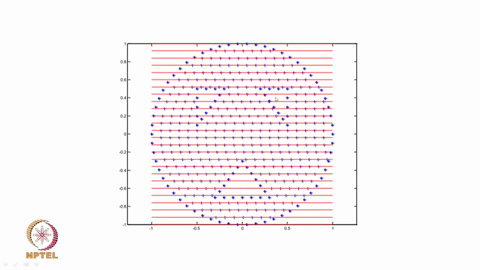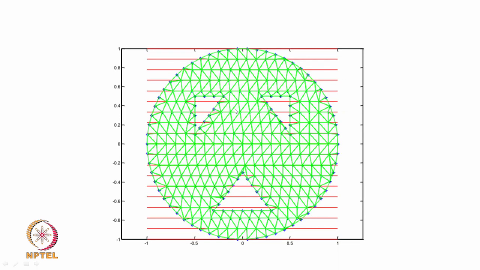Again, outside the flow domain, you can see that there are boundary points which describe this, and there are no grid nodes in the domain outside here and here and here. So we distribute all these grid points and then we make use of special algorithms to join up these interior grid nodes and the boundary nodes in the form of triangles.